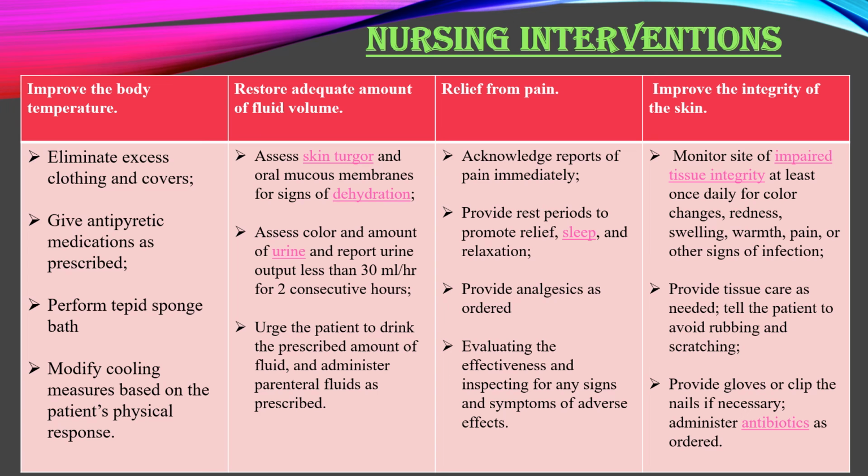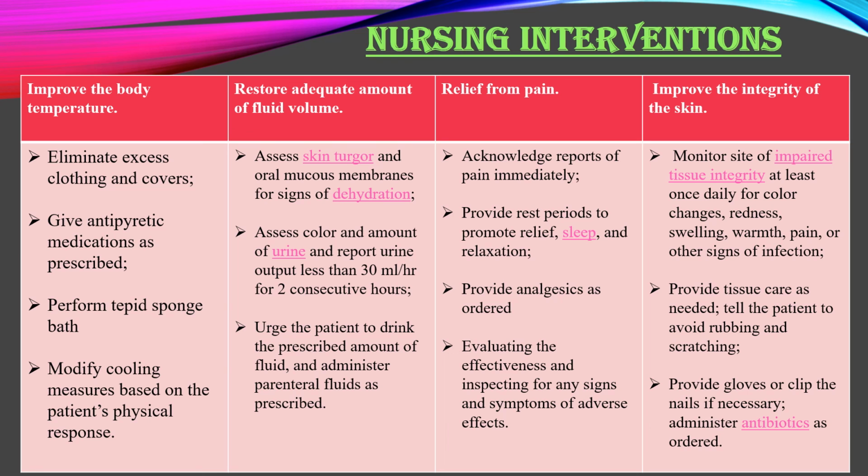Relief from pain. The nurse can acknowledge reports of pain immediately, provide rest periods to promote relief, sleep, and relaxation, provide analgesics as ordered, evaluating the effectiveness and inspecting for any signs and symptoms of adverse effects will help. To improve the integrity of the skin, the nurse can monitor the sites of impaired tissue integrity at least once daily for color changes, redness, swelling, warmth, pain, or other signs of infection.